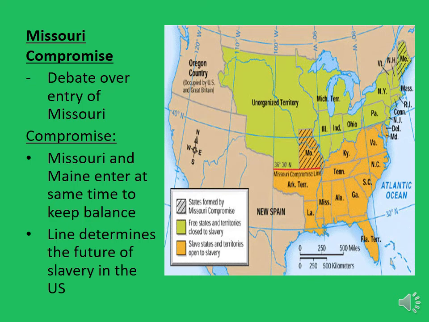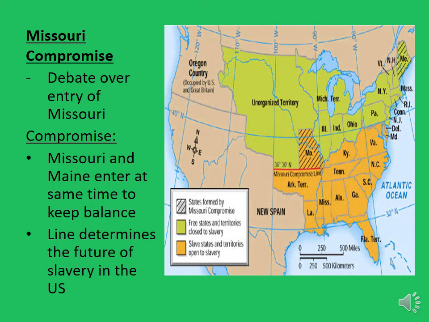When there's enough people that occupy that area, then that territory can apply for statehood. They literally have to apply like they're applying for college or for a job. And then once they meet their requirements, they can become officially a state. Okay, so that's what Missouri was doing, and that's what Maine did up in the right-hand corner as well.